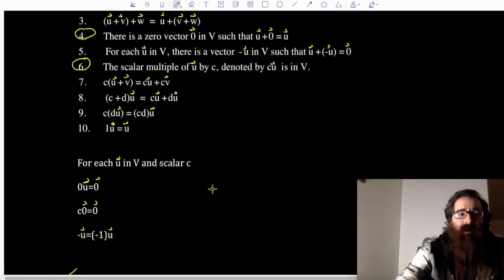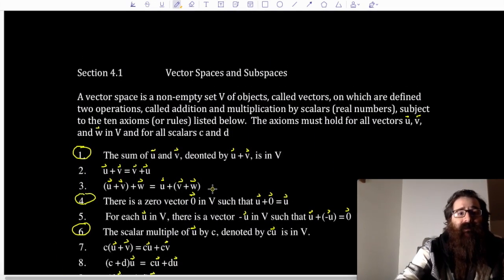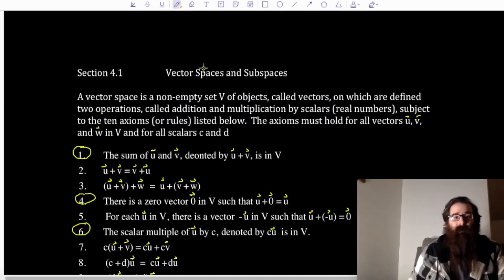Now, before we start talking about vector spaces in general, let me just give you some ideas of vector spaces that we've already talked about. Some of the best examples of vector spaces are different spaces dealing with real numbers. An example of a vector space could just be R, our real number line.